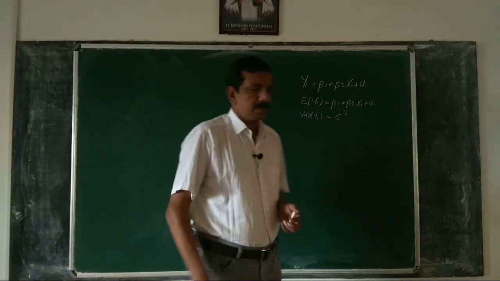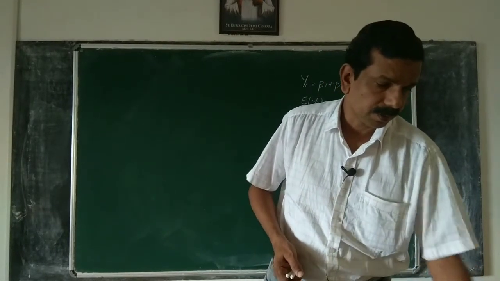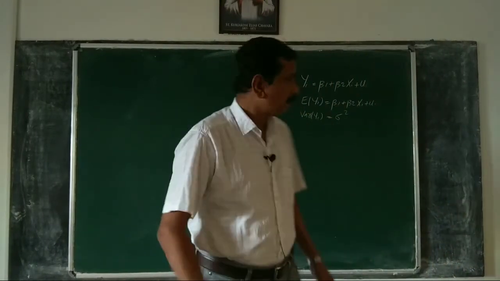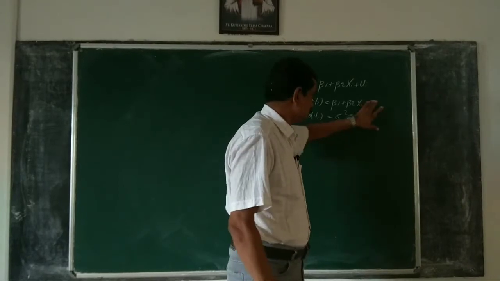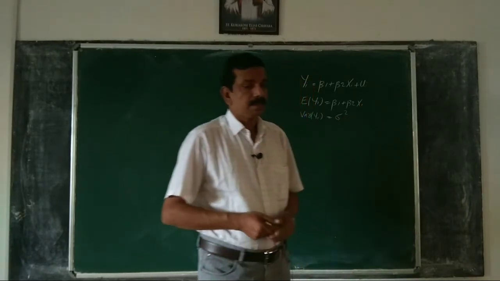Each Yi is normally and independently distributed with the mean beta 1 plus beta 2 Xi and variance sigma square.